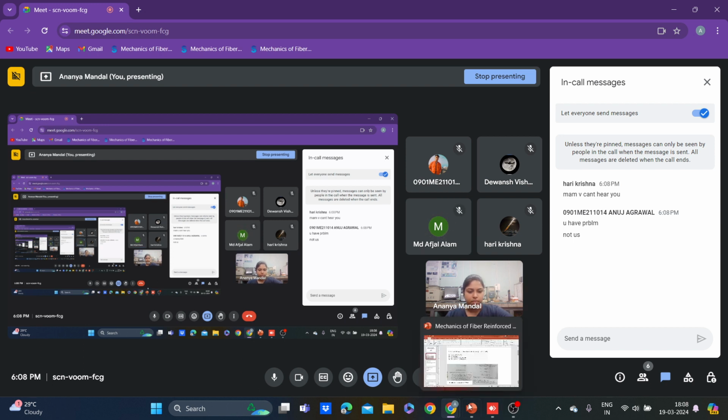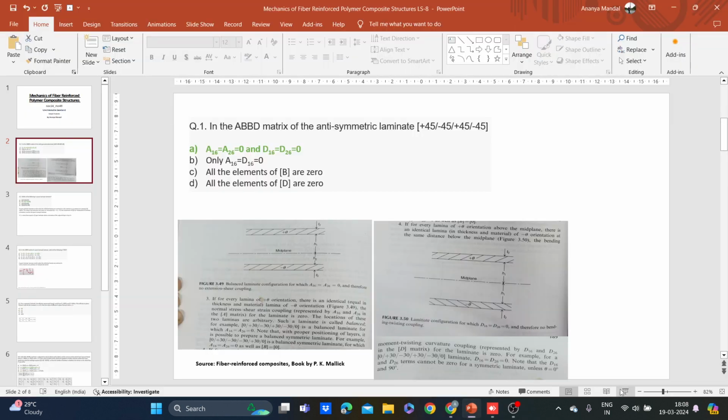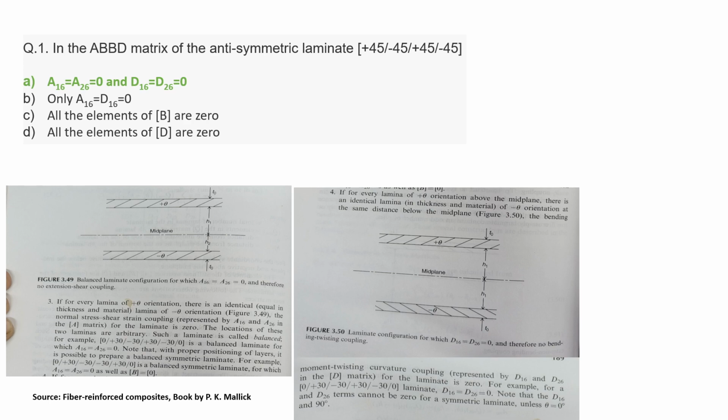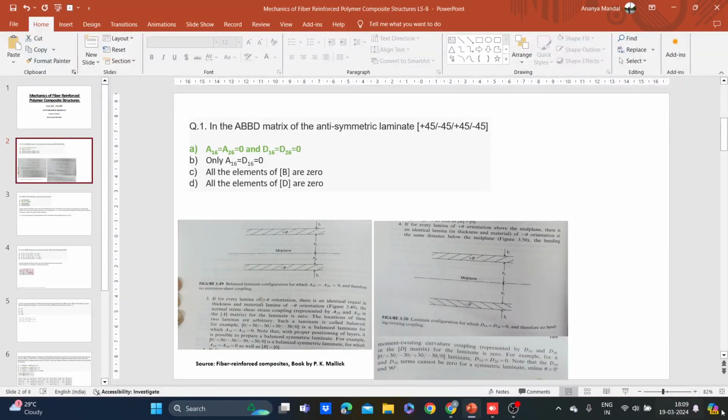Okay, and I will continue. So this is a balanced laminate. What happens in a balanced laminate is there will be a positive and a negative for the similar angle.